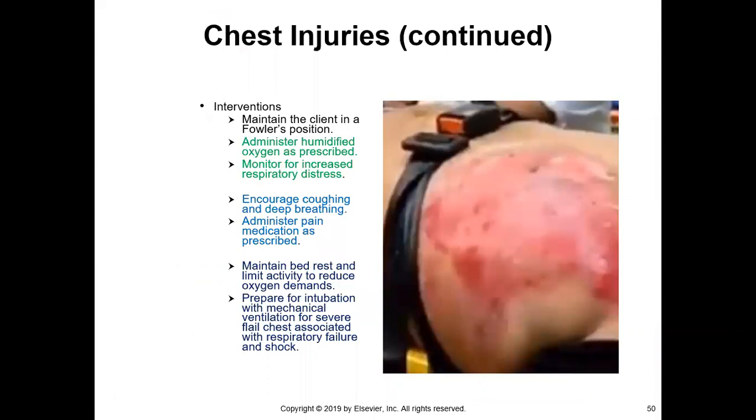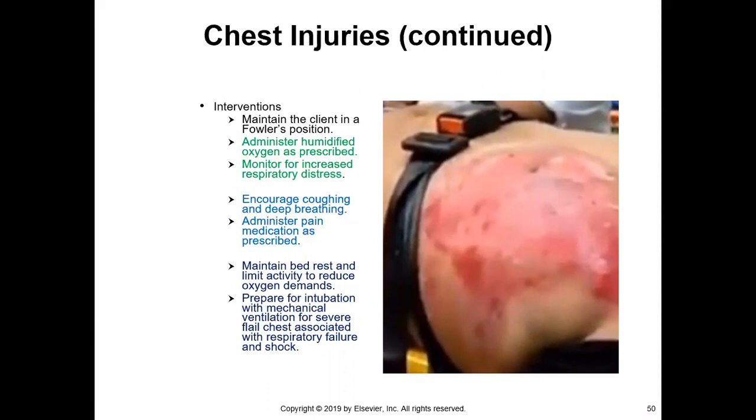In this picture, we can see the chest injuries. What are the interventions? Maintain the client in a high Fowler's position. Administer humidified oxygen as prescribed. Monitor for increased respiratory distress. Encourage coughing and deep breathing exercises. Also administer pain medication as prescribed.